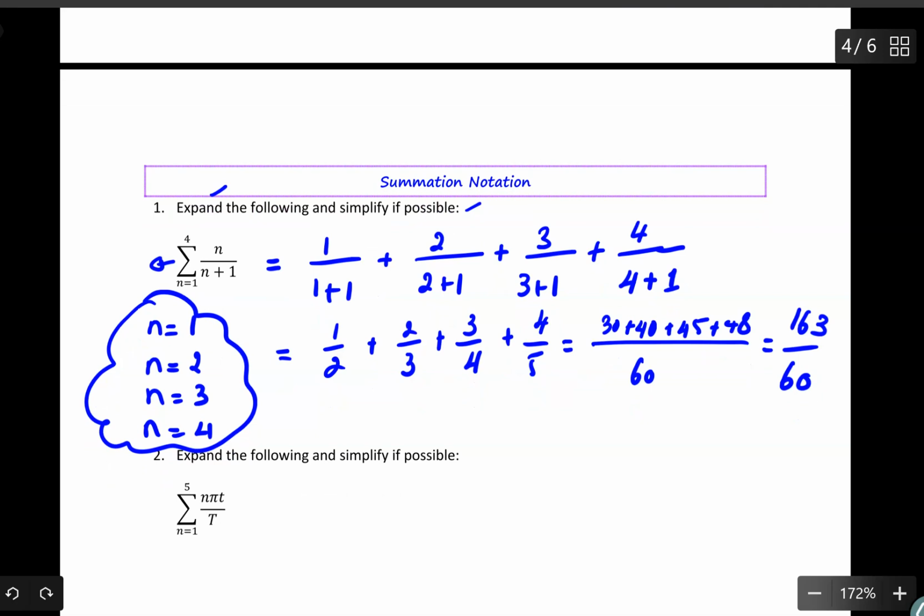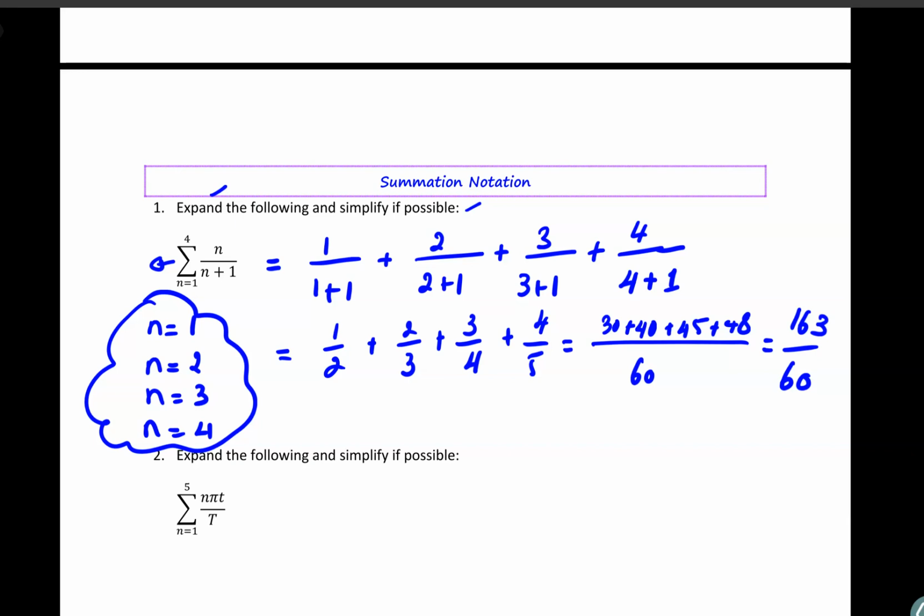So the summation, again, just to remind everyone, is the abbreviation, and it's telling you how many terms you have to expand. Here the number n tells you from 1 to 4. n is an integer, keep that in mind. That means you should have 4 terms.